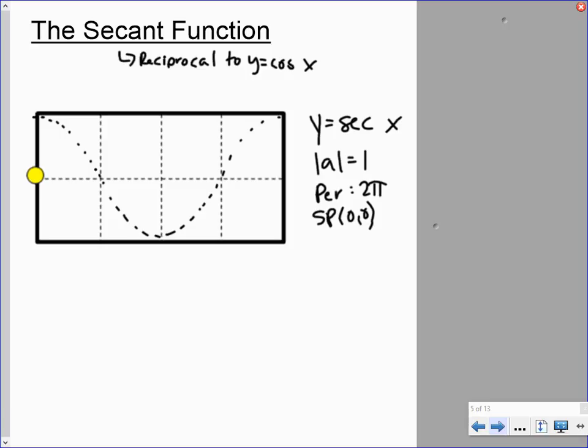So as we label our frame, it's going to be the same frame we saw for cosecant and the same frame we saw for sine and cosine when we did those the first time. And so I'll put my starting point as 0, 0, add and subtract my A value, and then add my period and break it up on the horizontal.